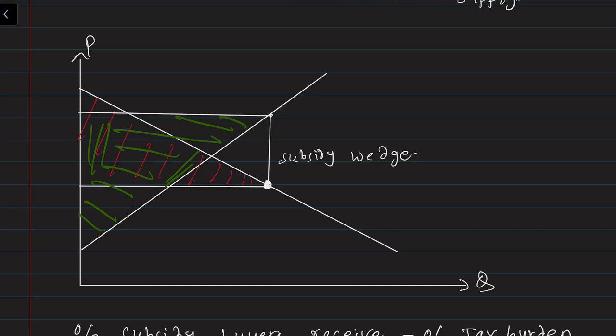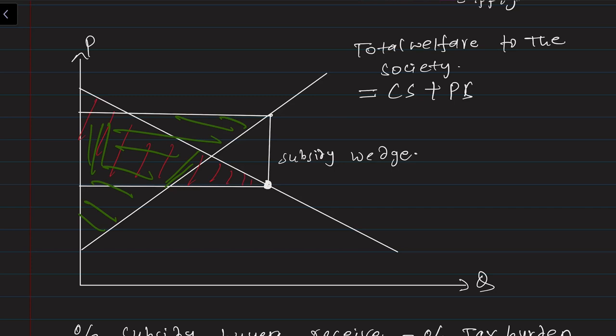Now, what is the total welfare to the society? Total welfare is consumer surplus plus producer surplus minus subsidy expenditure. We need to subtract the subsidy expenditure.